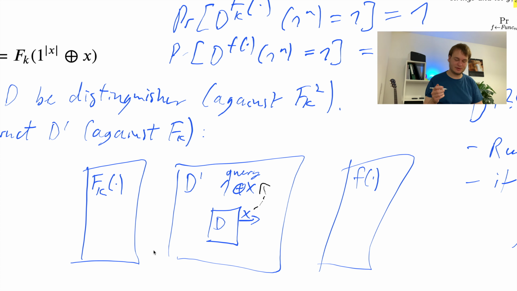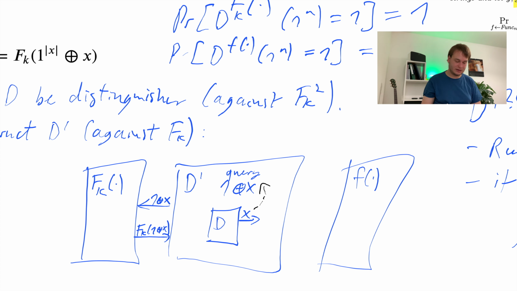Let's take a look at what happens if we run this D prime this way in the two different worlds. Okay, so let's do the case distinction essentially. Let's say D prime actually runs with the pseudorandom function fk. Then it will query 1 XOR x as always, and then it will get as a result fk of 1 XOR x.